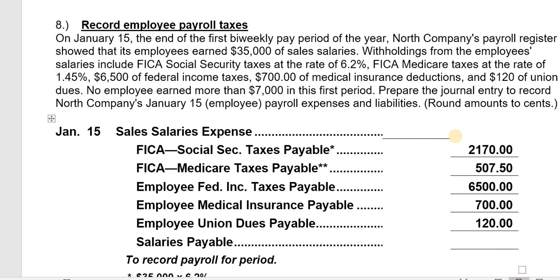I think they paid $35,000. So what's going to be our salaries payable? It's going to be the $35,000 minus the $2,170 minus the $507.50 minus $6,500 minus $700 minus $120. $25,002.50 is the salaries payable.